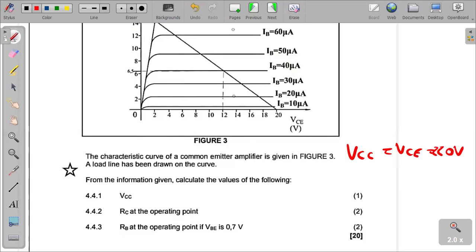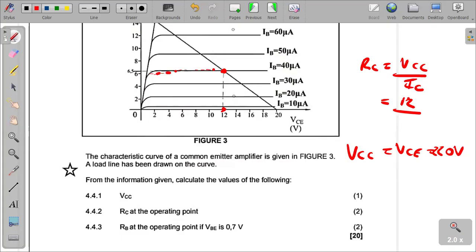That's VCC there. Then RC at the operating point, the quiescent point. So we want RC there. So RC is going to be equal to VCC, which we said is equal to VCE, over IC. So the VCE at the quiescent point is actually 12. We see it there. So we are saying 12 divided by, taking right at this point here, that's our operating point, the current that corresponds with that point.